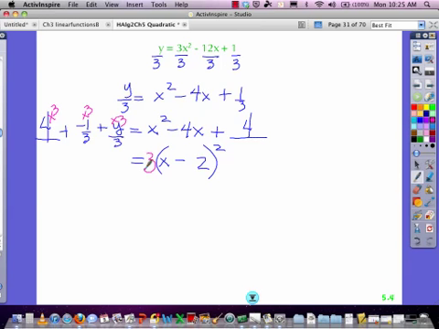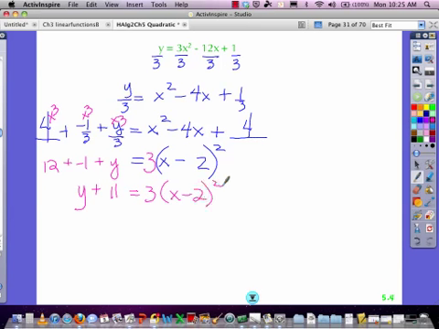So when we simplify now, 4 times 3 is 12. 3 times a -1/3 is -1. And 3 times y over 3 is y. So 12 plus -1 is 11. And if we put this in the right order, so we get vertex form, we've got y plus 11 equals 3 times x minus 2, the quantity squared.